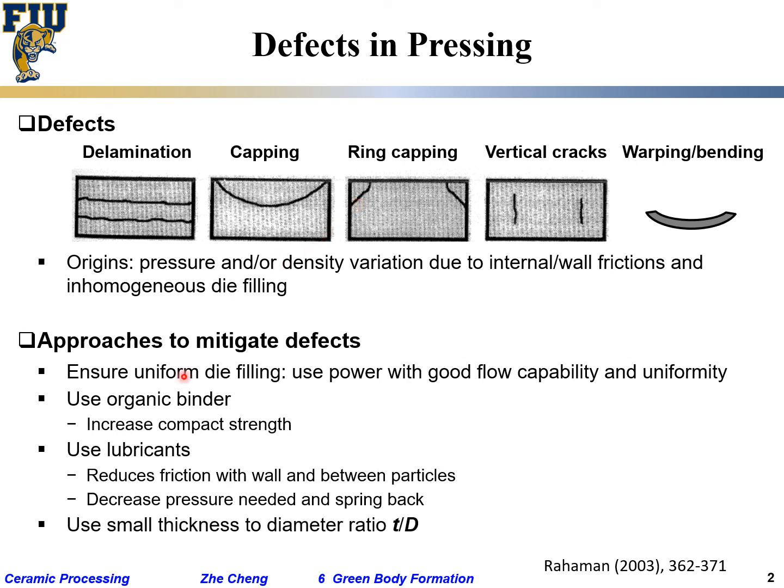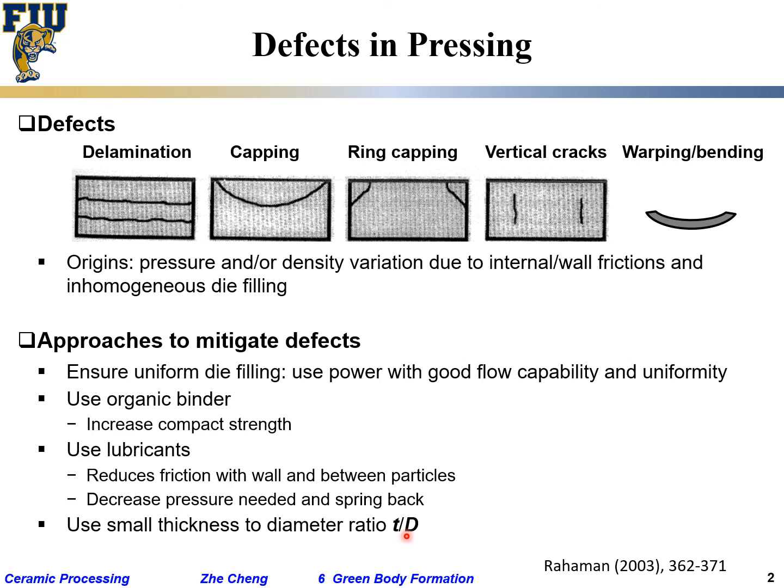Use small thickness to diameter ratio. That's still about uniformity, pressure uniformity. If the thickness to diameter is large, you can imagine the friction effect is even larger, and inside the sample it will not be packed very densely.